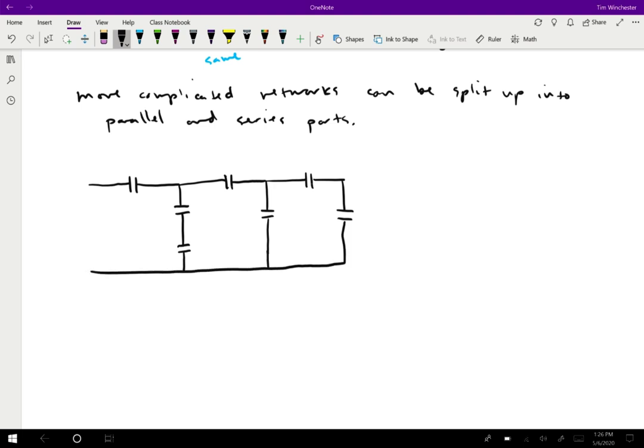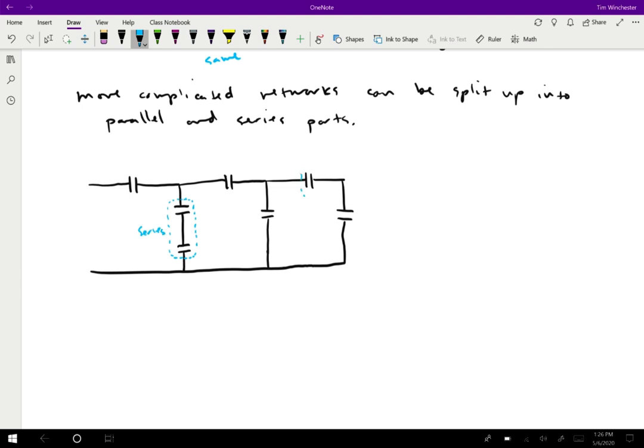Okay, so here is my more complicated network. What I want you to notice is that parts of it are just in parallel or in series. For instance, I can identify that these two capacitors are just in series with each other. Whatever current enters the first capacitor at the top, that same current will go through the other capacitor and then out the bottom. Those two are just in series.